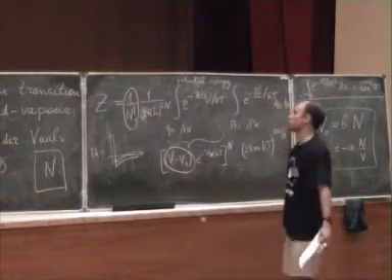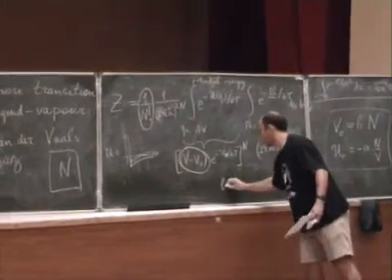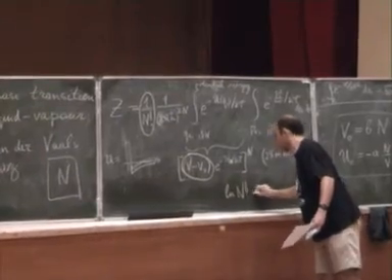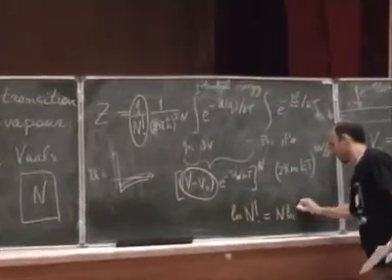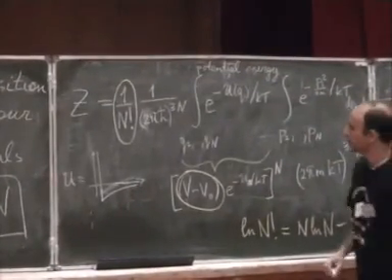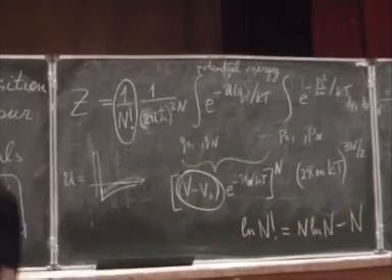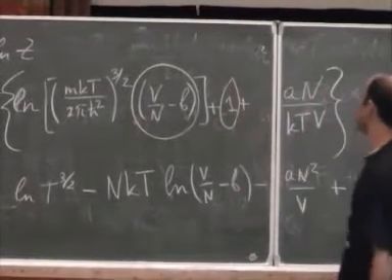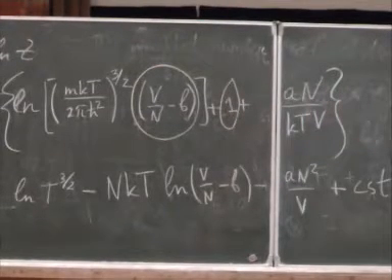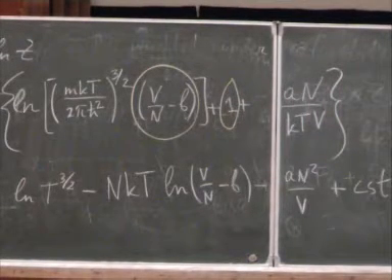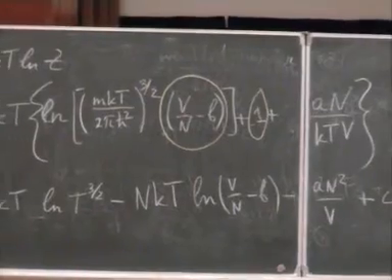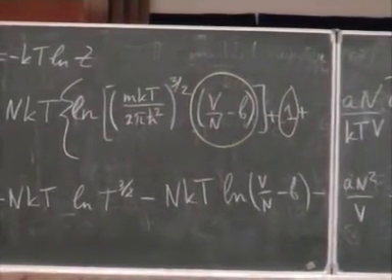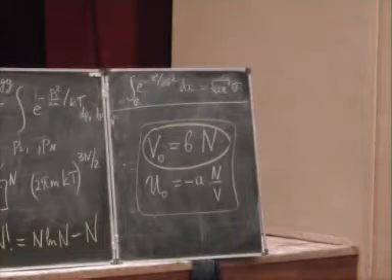So for 1 over n factorial, you use the Stirling formula. Logarithm n factorial is equal to n logarithm n minus n. And so together they give this and this one here, using that V0 is equal to bn.